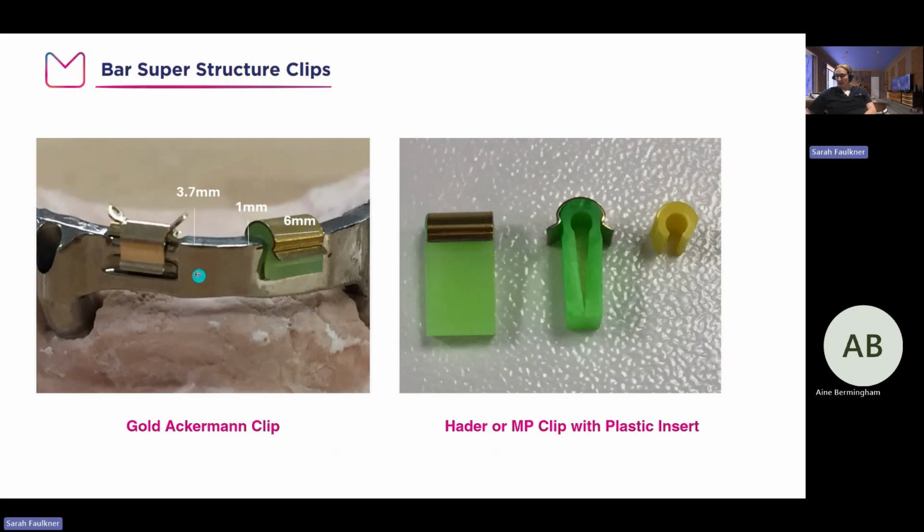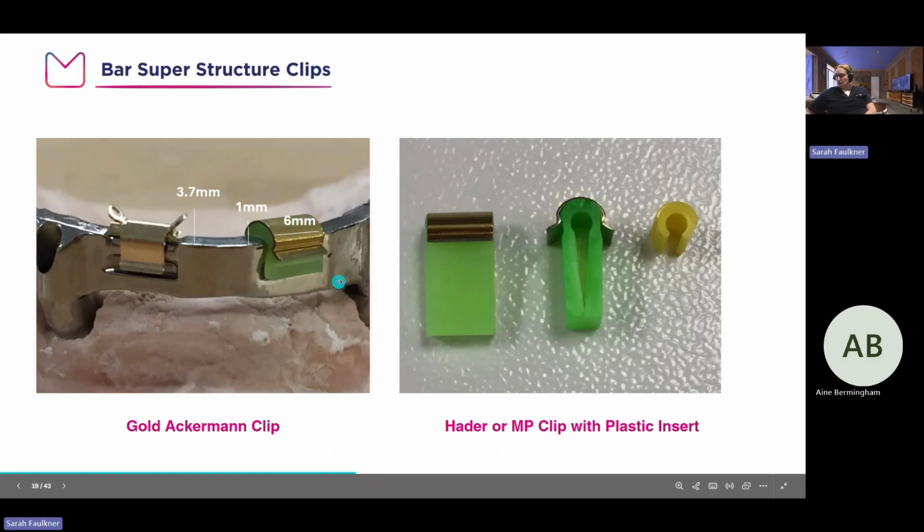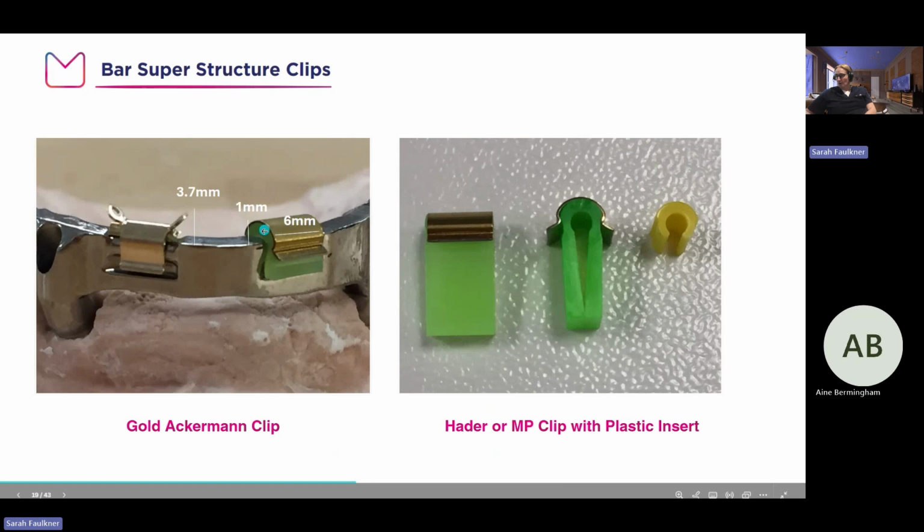But again, you have to look at the size portions. The Ackermann is taking 3.7 for its retentive element, whereas the header or the MP clip with the insert is 1 millimeter overall.